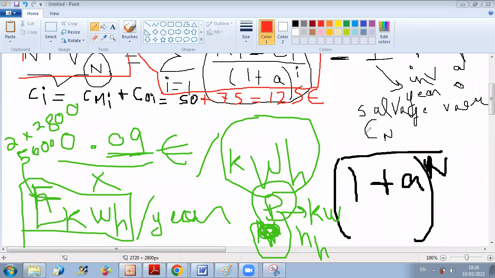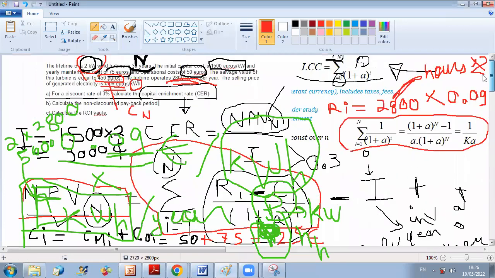Now, once I assessed the different terms, I still have to compute the summation term. For the summation term, I will use a geometrical expansion, because again, I consider that I don't have a powerful calculator. I have the basic calculator and I want to perform my calculation.